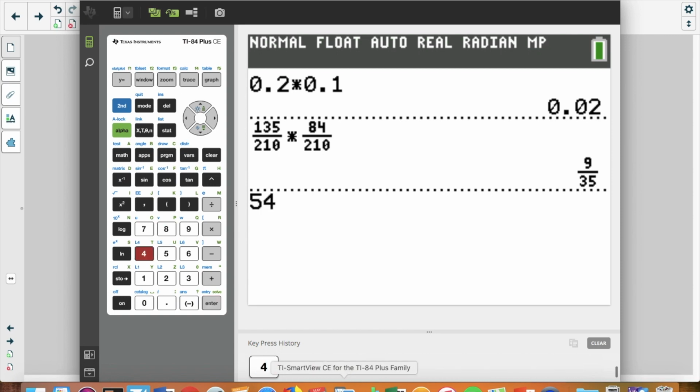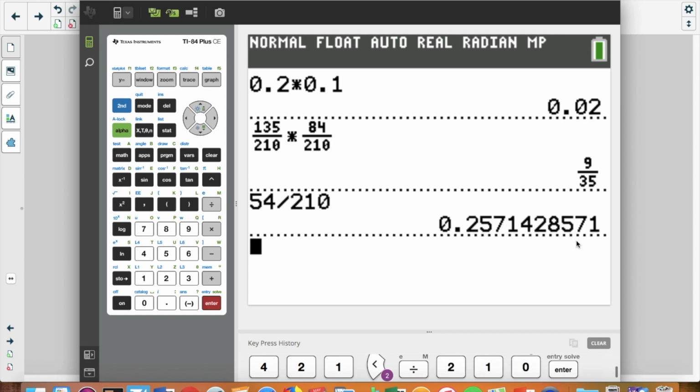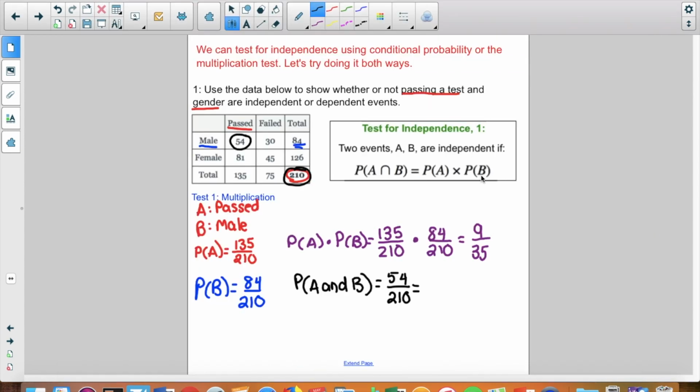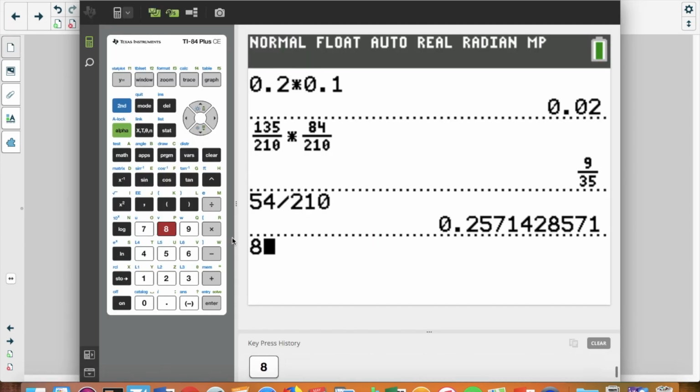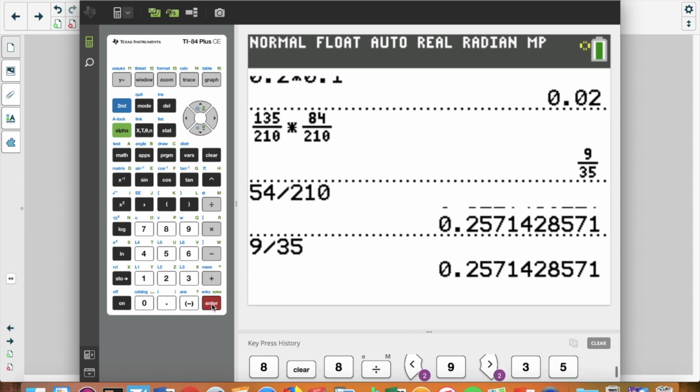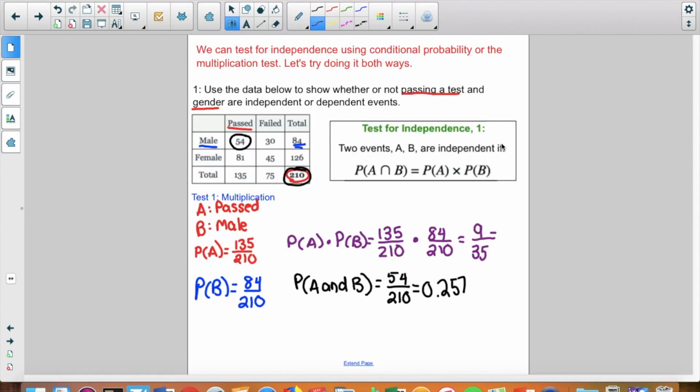So we have 54 over 210, and that gives us that long decimal. I'm just going to round it to 0.257. Now let's see what 9 over 35 is as a decimal. 9 divided by 35, and we get 0.257.